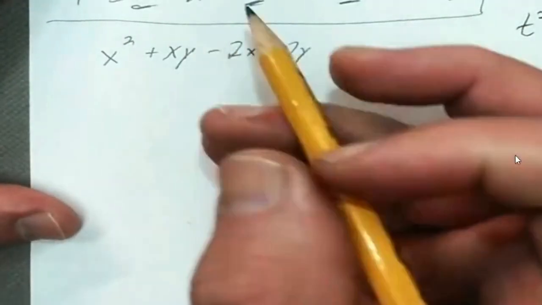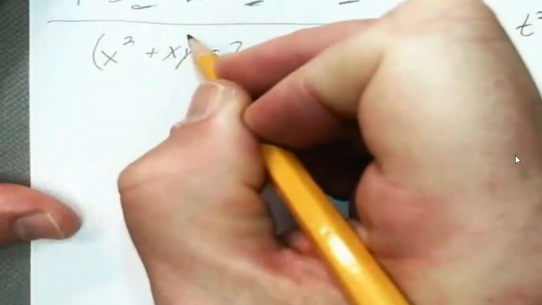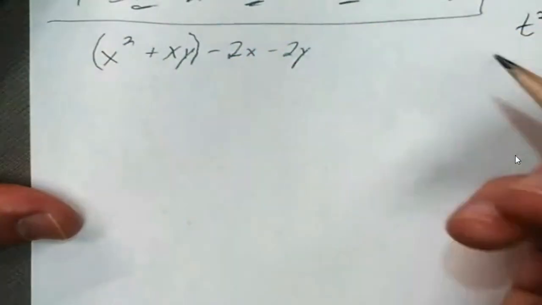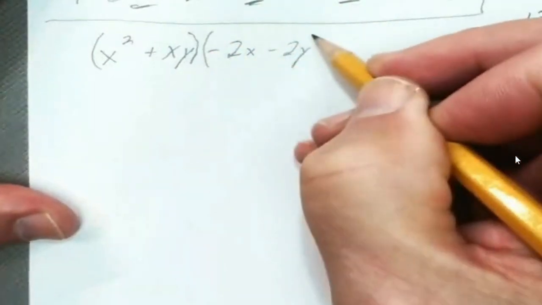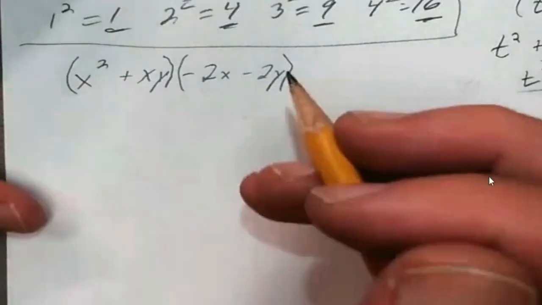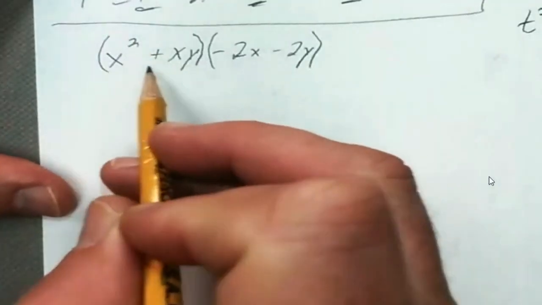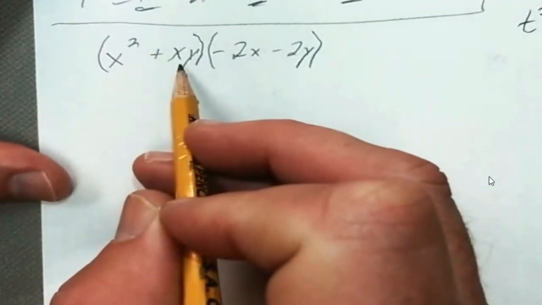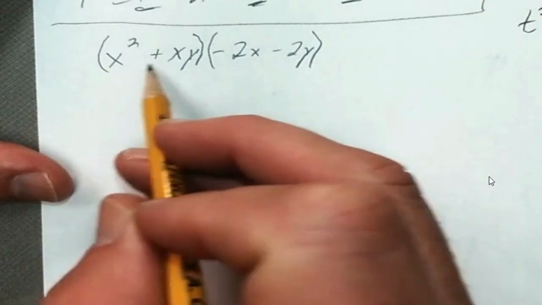This is how this works. If we group this, I'm going to group those first two terms by putting parentheses. And then I'm going to take the second two terms by putting parentheses. And now I'm just going to look at it part of the polynomial at a time. If I just look at this term, I can factor out an x because both of these terms have an x.